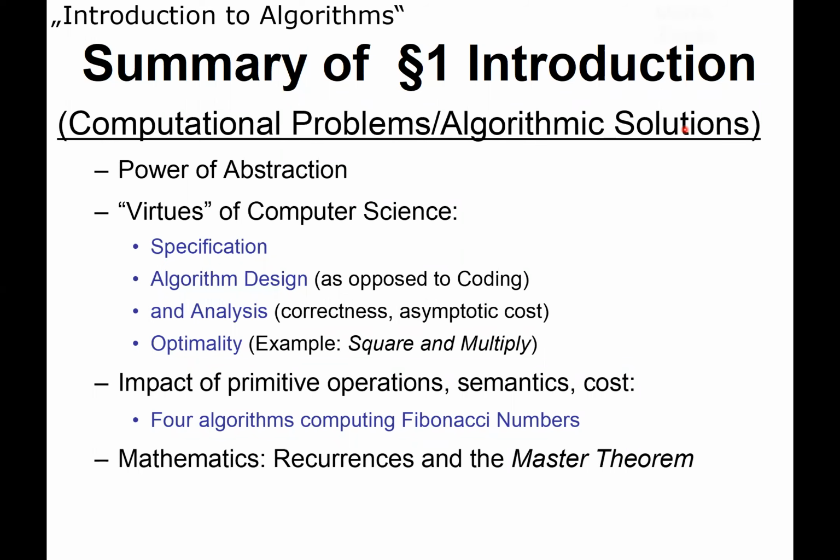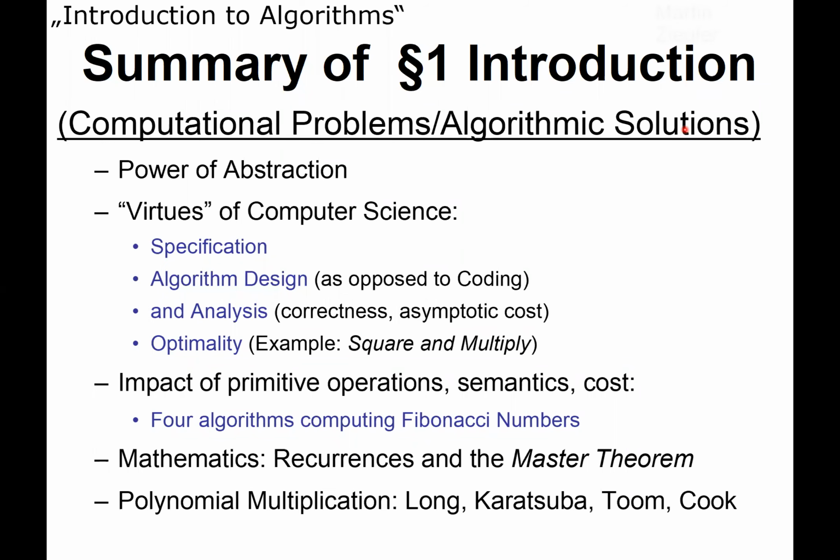Then we used the master theorem in order to analyze the asymptotic cost of several algorithms for polynomial multiplication: long multiplication, Karatsuba multiplication, Toom multiplication, and the entire family of multiplication algorithms due to Stephen Cook.